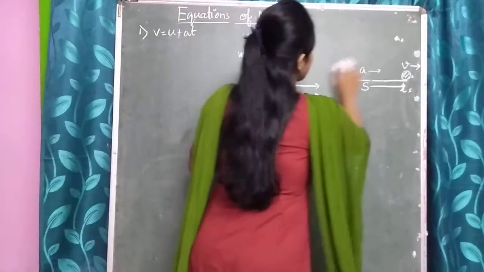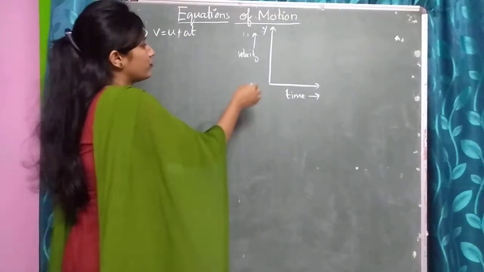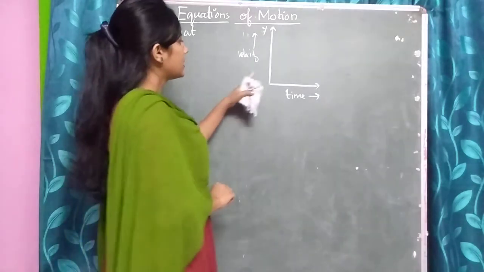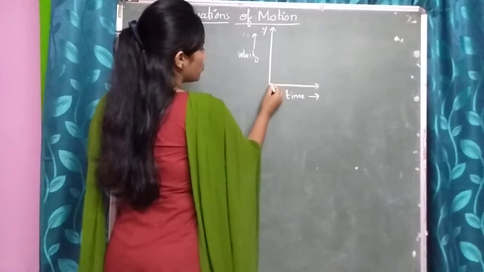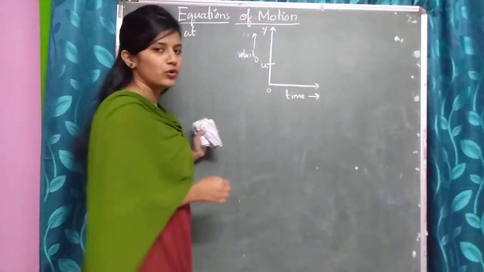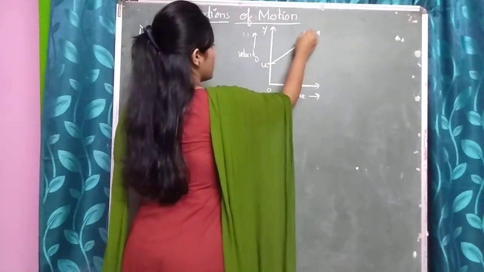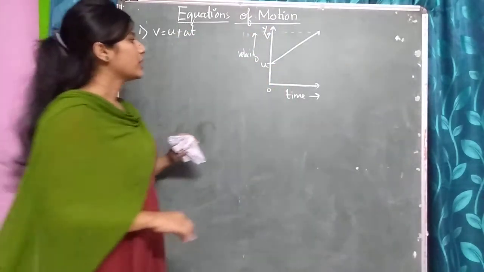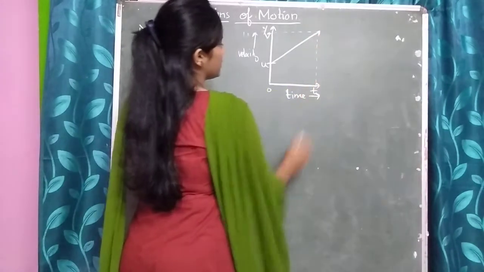And for uniform acceleration, I had said that it will be a straight line. Since at t equals 0 it has an initial velocity U, the graph will start from here to a final velocity of, suppose, V. And it has reached final velocity V at time t seconds.